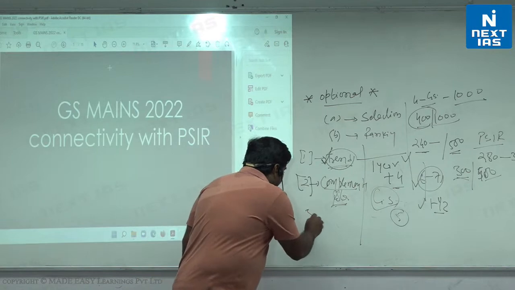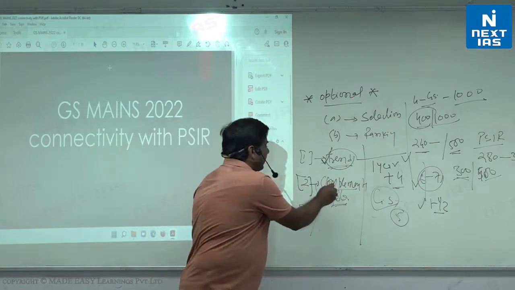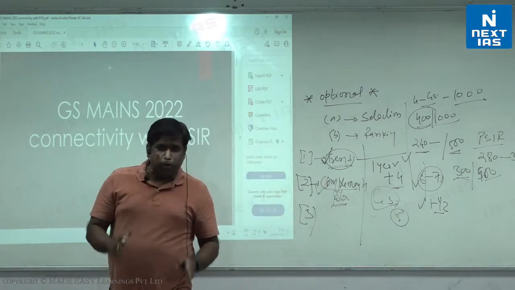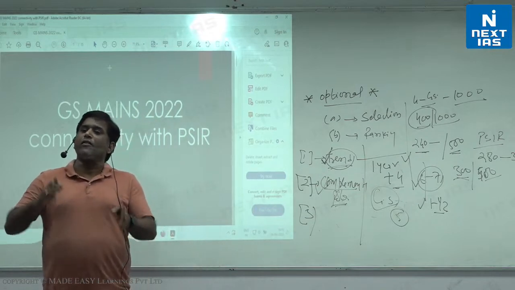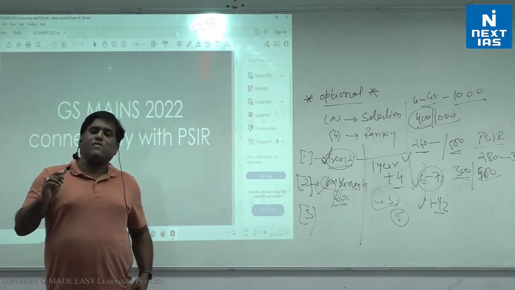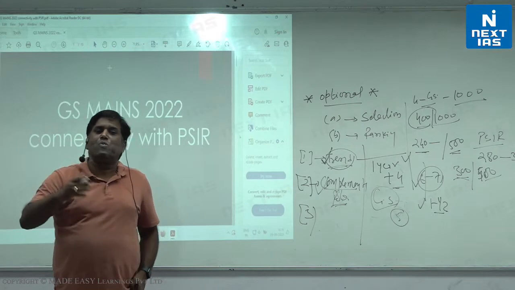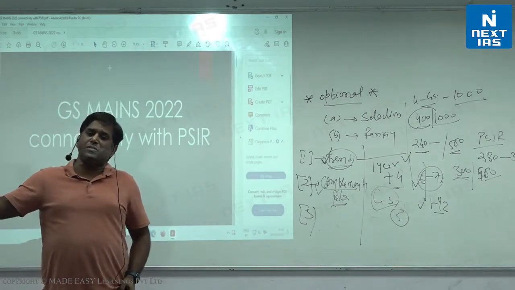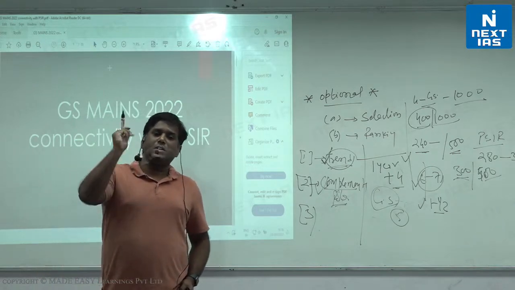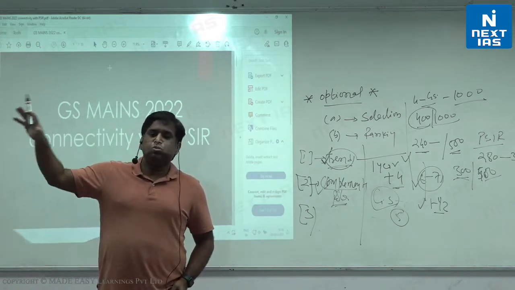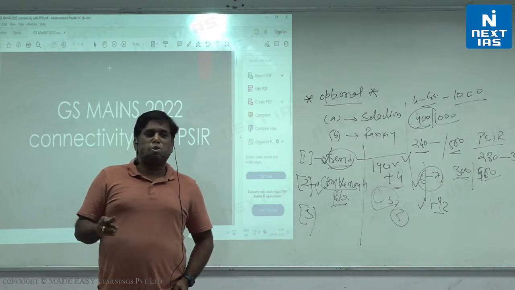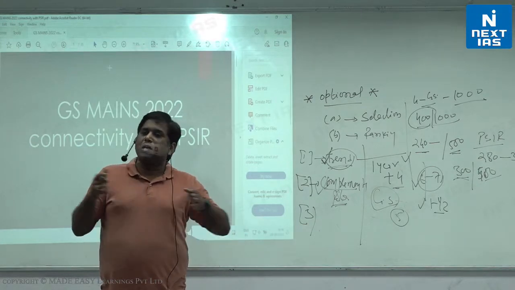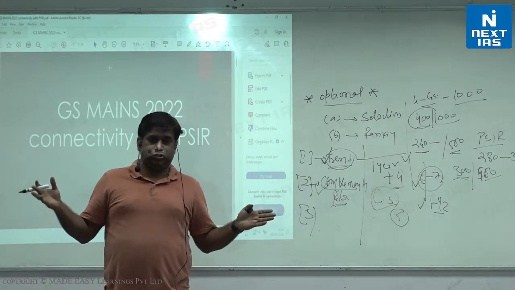So again saying this part, either you go for a small optional or you go for a big optional, which ends in 4 to 5 months. If you're going for an optional which ends in 4 to 5 months, always look how it is complementing your general studies. If it is not complementing, then your time of preparation is going to be stretched.